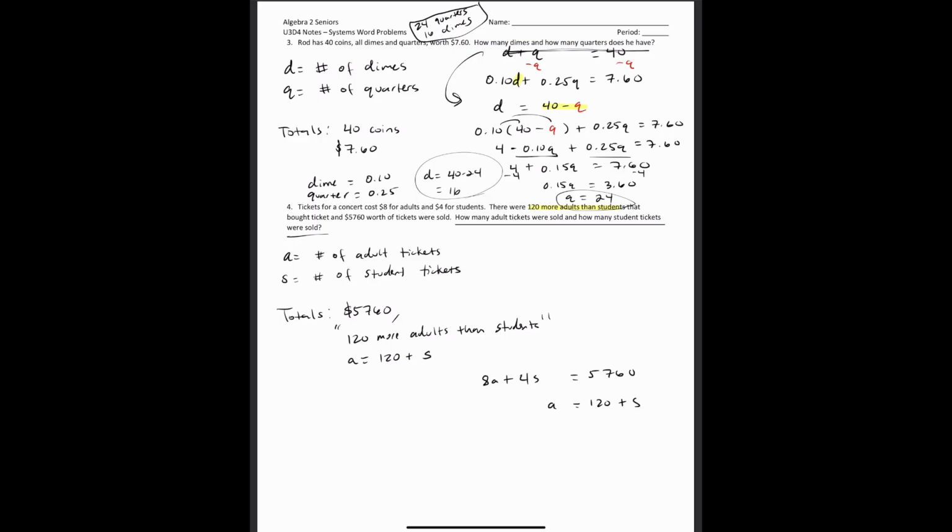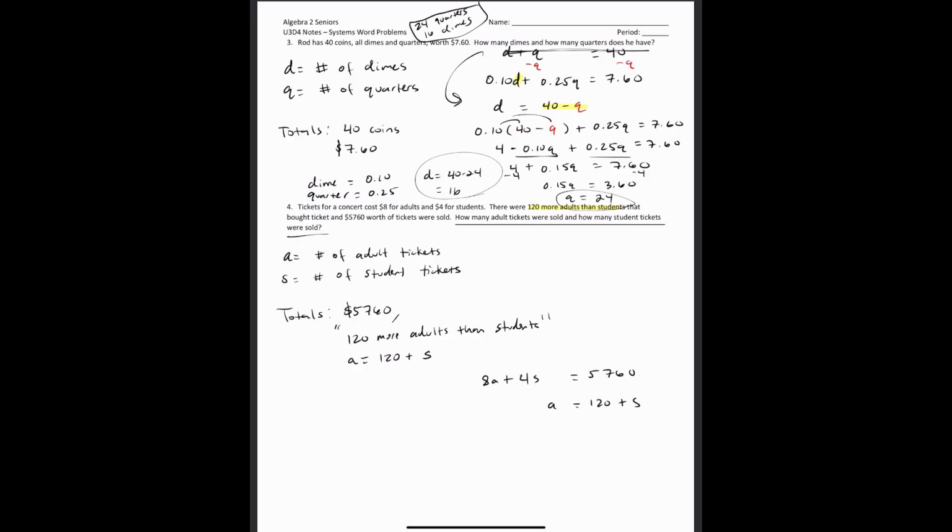And then we have our two equations here. We can solve this system by using elimination or substitution. I'm going to use substitution like I did last time because look, if the number of adults is equal to 120 plus S, then I can replace this variable, A, with this expression.